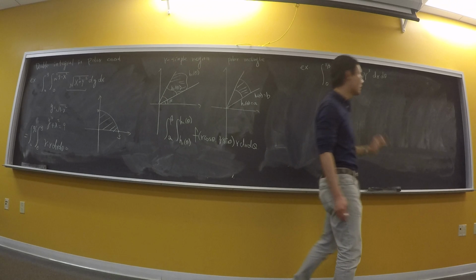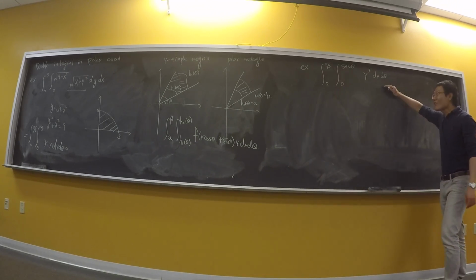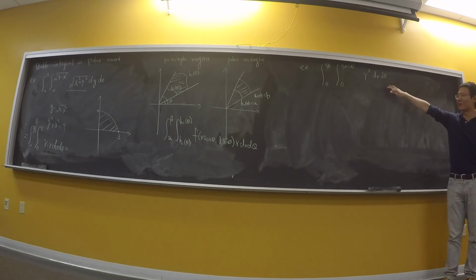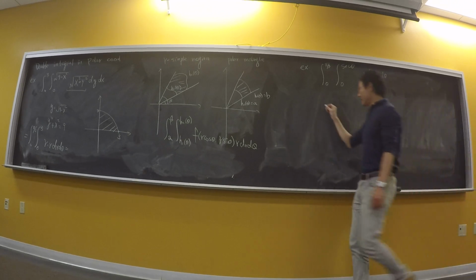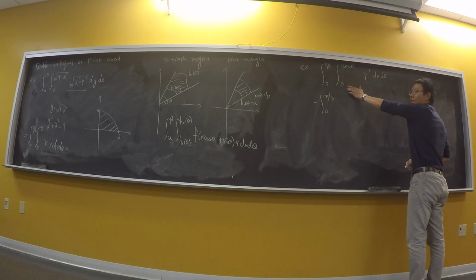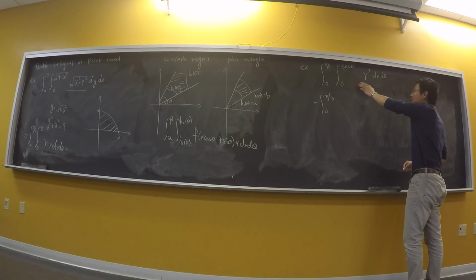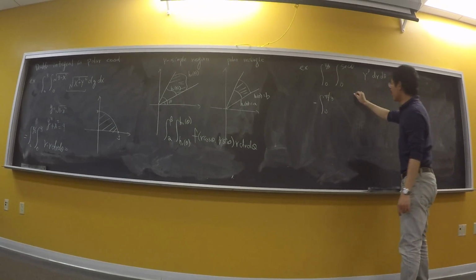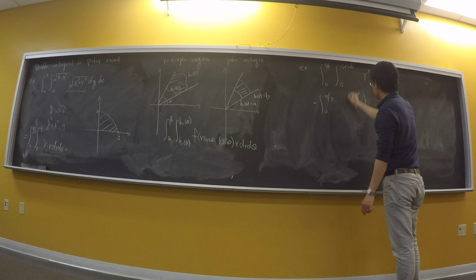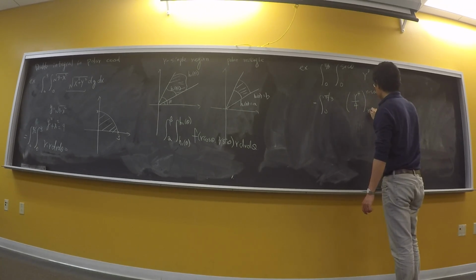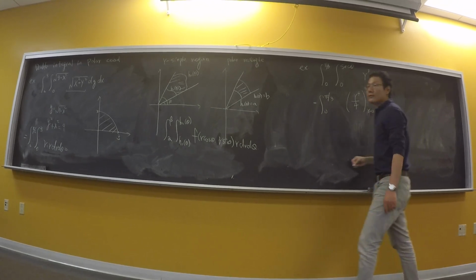Now I can begin my evaluation directly. I can find the antiderivative with respect to r, which is essentially the antiderivative of r cubed: r to the 4th divided by 4, evaluated from r equals 0 to r equals secant theta.